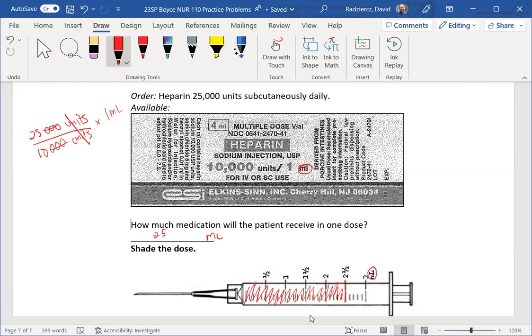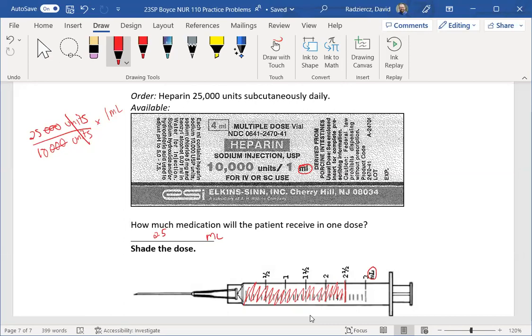Now, sometimes though, they will ask you to show your work. So they do want to see that you know how to organize and put your questions together. The other benefit of showing your work is that if you happen to not do well on the test and you need to retake it, it'll make it easier for me or whomever you remediate with to review with you, so we can figure out where you went wrong and how to get you back on track.